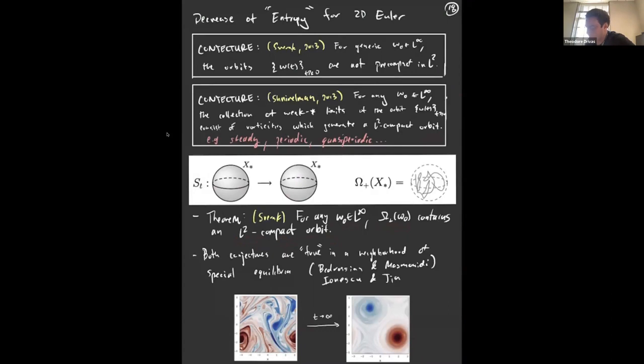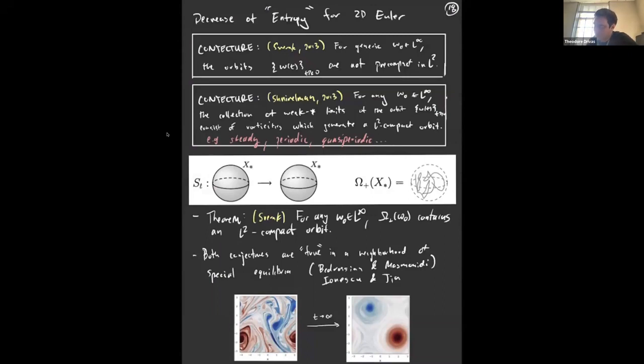This was first demonstrated by Bedrosian and Masmoudi, and subsequently there's work of Ionescu and Jia, which say that if you take a monotone shear on a periodic channel and you look in a very small neighborhood and a very strong topology of that monotone shear, then everything in that neighborhood either is a steady state, which is a shear, or at long times it weakly converges to a shear.